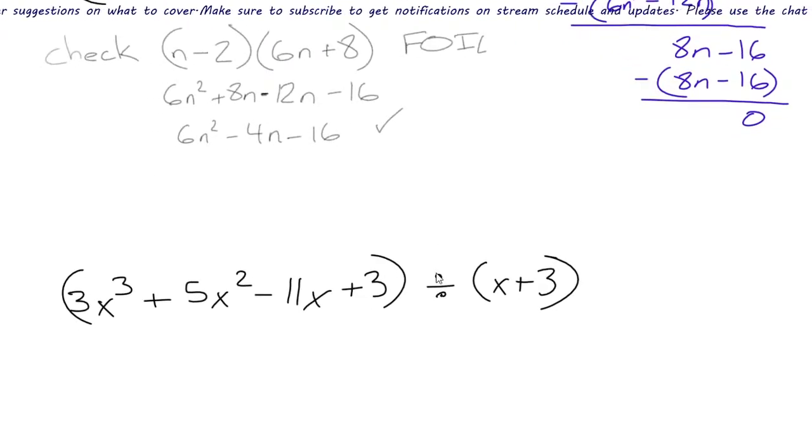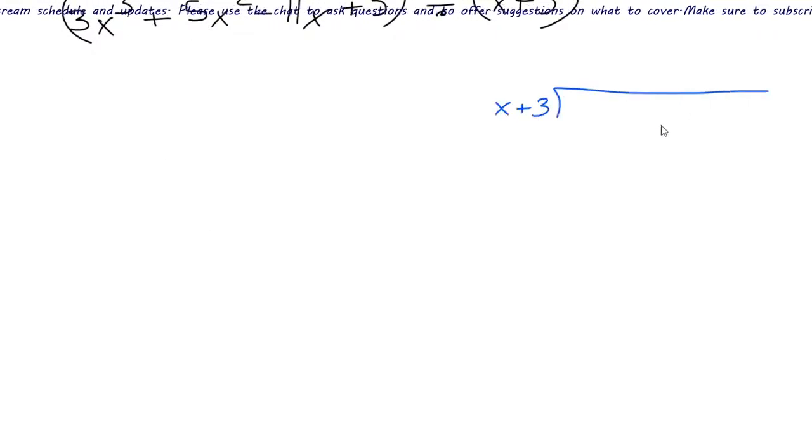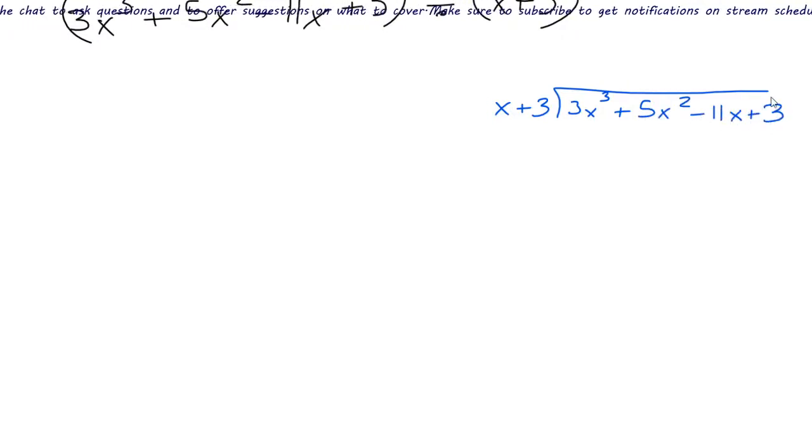Alright, so I'm going to work on the next one. So we have x plus 3, 3x cubed plus 5x squared minus 11x plus 3. So what can I multiply x by to get to 3x cubed?